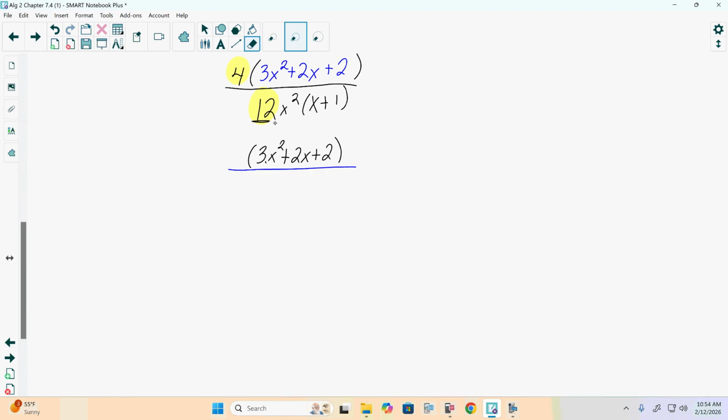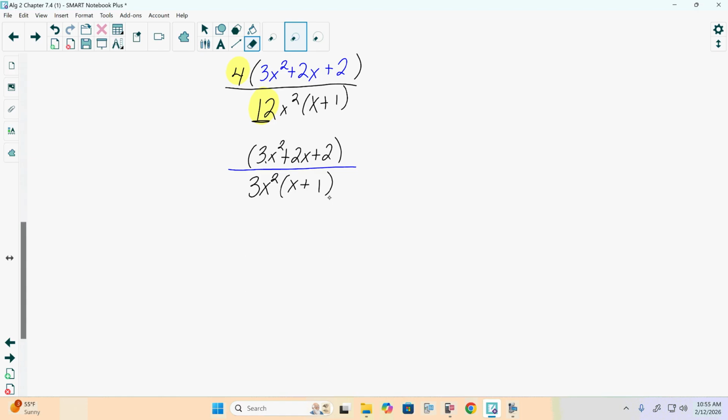We remove that 4 from the 12, it's going to become 3. We still have the x squared and the x plus 1. Questions on how we got to this here? We feel comfortable with all these steps so far.